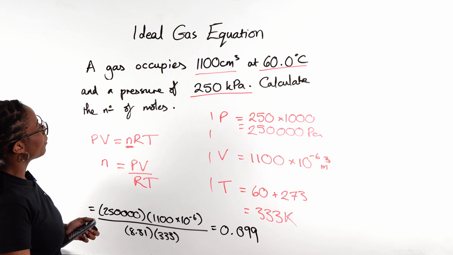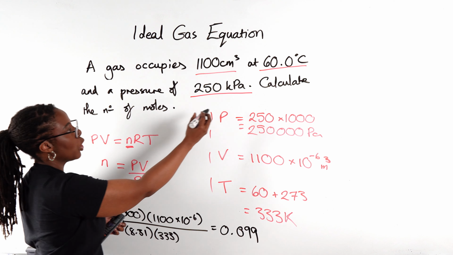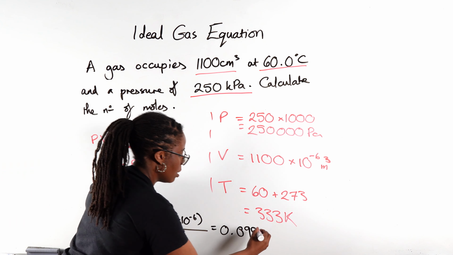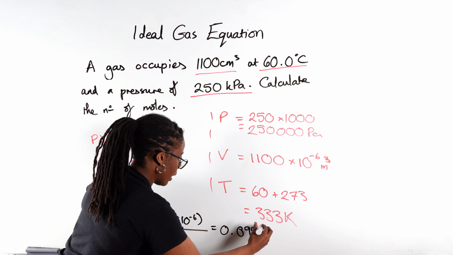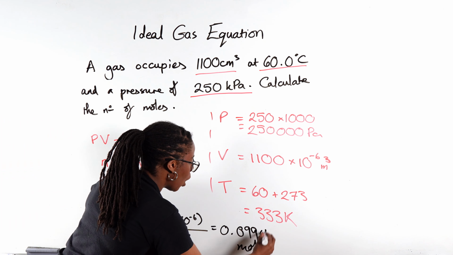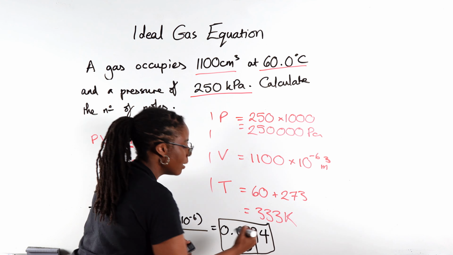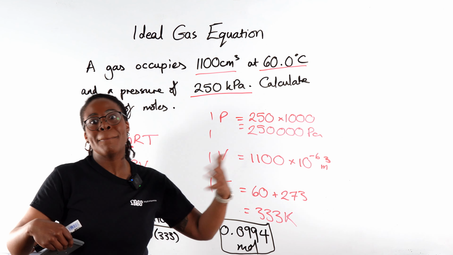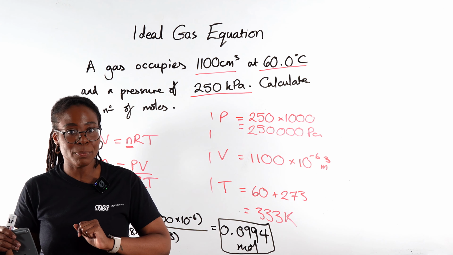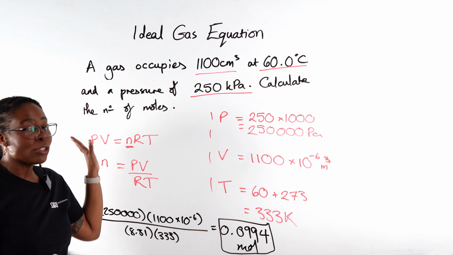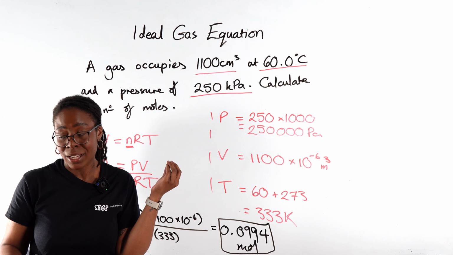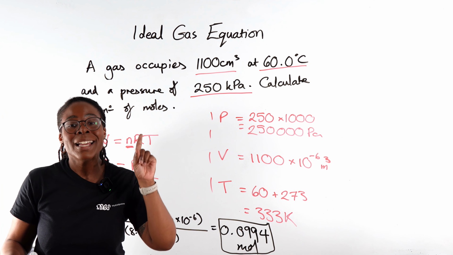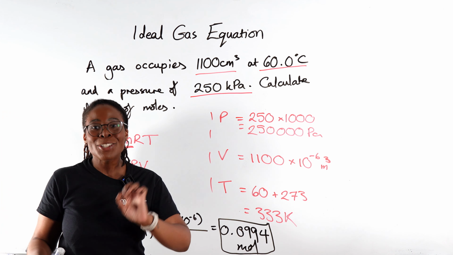Let's see, how many significant figures would be appropriate? I'm going to go with 3 significant figures. So 0.0994 moles of whatever that gas was. Now, it may be that next they want you to figure out what the mass is, or you might need to relate that to something else. But ultimately, using the ideal gas equation, I feel like I've said this so many times, just one more time, it's all about the units.